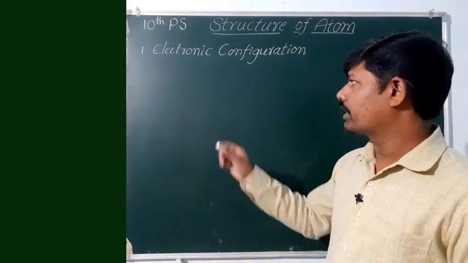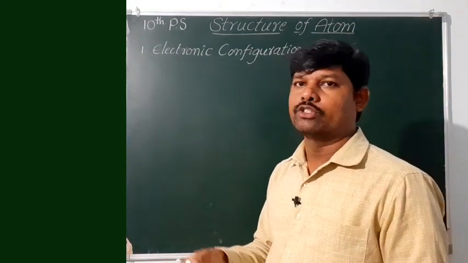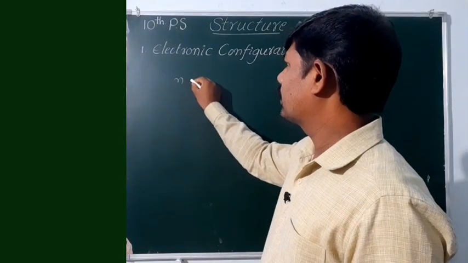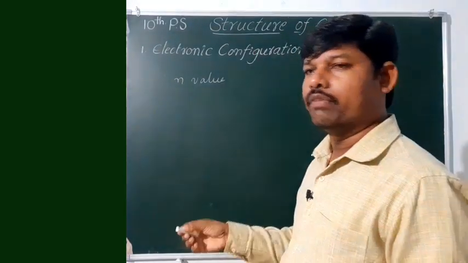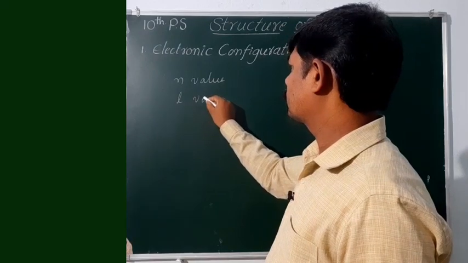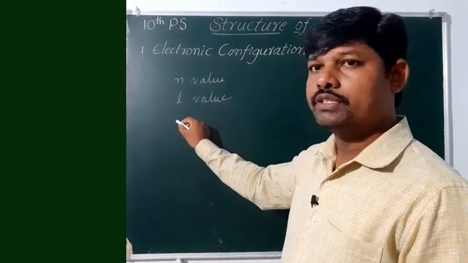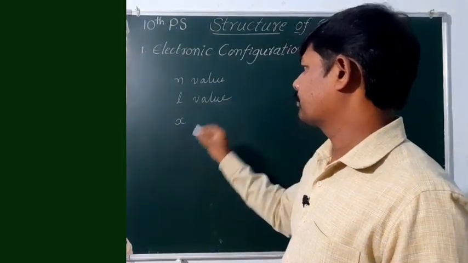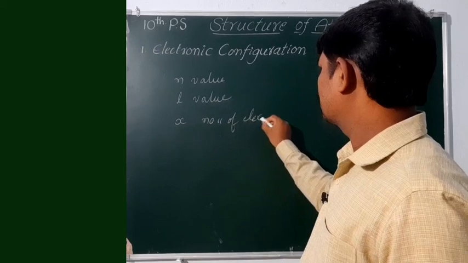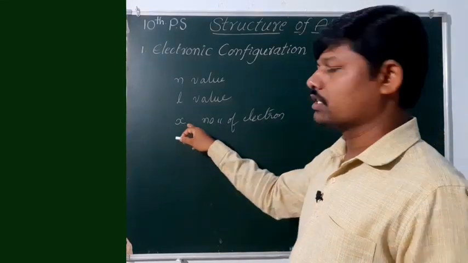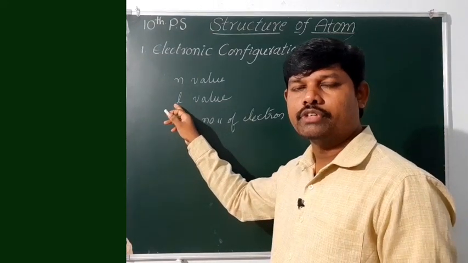In this shorthand notation, the first one is the energy level, the principal energy level, N value, and the sub energy level, L value, and the number of electrons, represented with the letter X. The number of electrons we write as the superscript of the L.